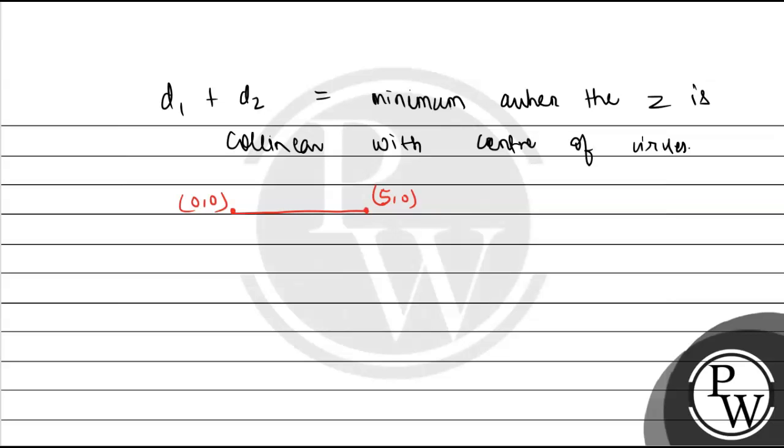That's why we can take any value of z from 0 to 5, and any value will give me the minimum sum.